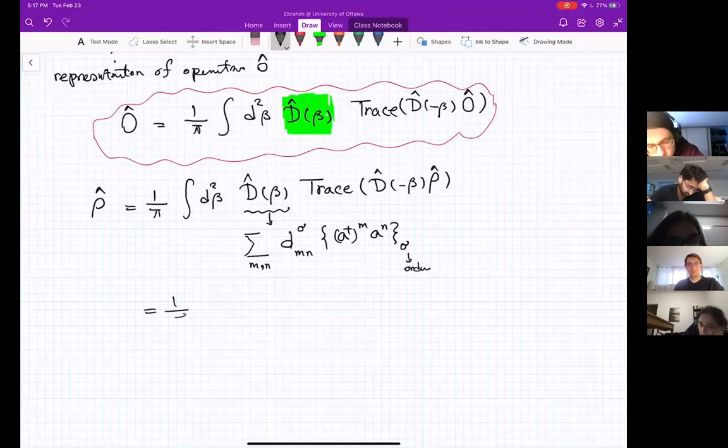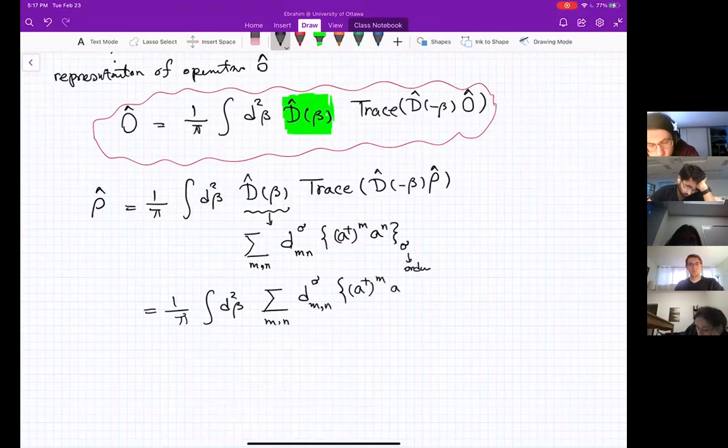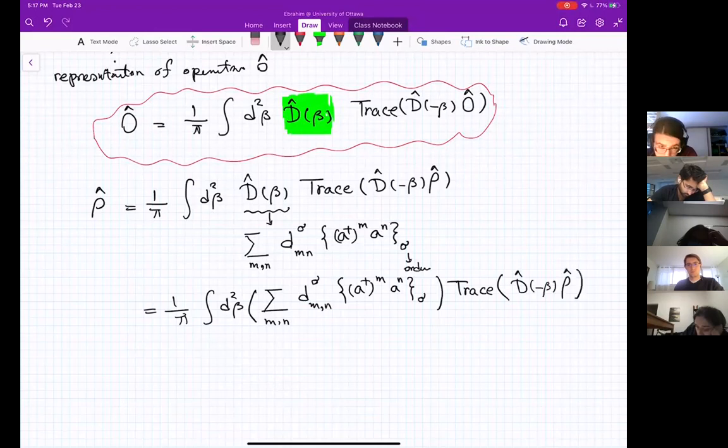Let's just write it this way for the time being. Integral of d2 beta, summation of m and n of the sigma of m and n, a dagger power of m, a power of n in sigma order, and remember times the trace of D of minus beta rho.